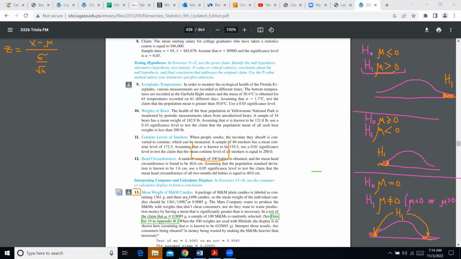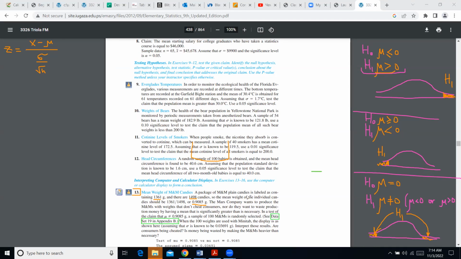They say that the package of M&Ms has 1361 candies, there were actually more. And that's way more, right? Instead of 1,300, it's almost 1,500. So the mean weight of the individual candy should be something like that.